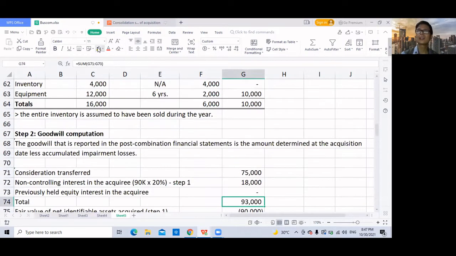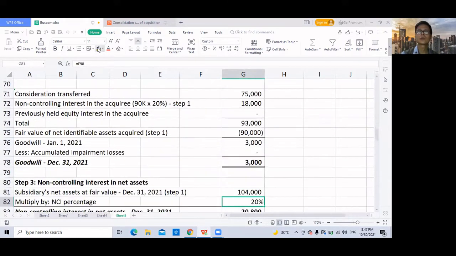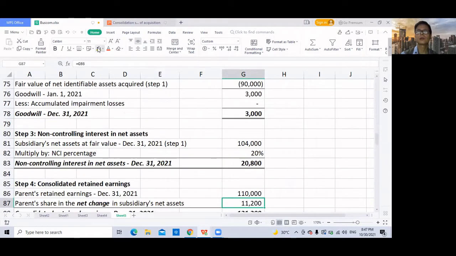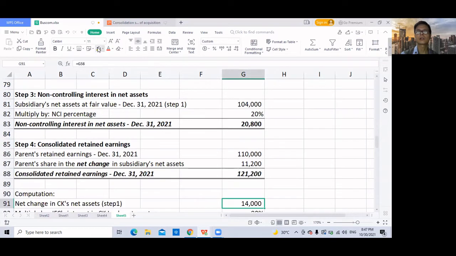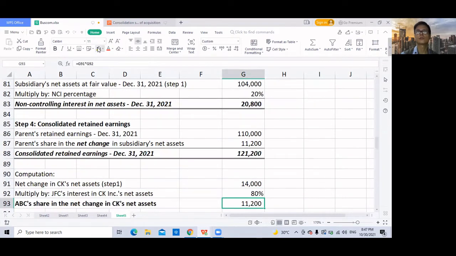So kukunin lang natin yung 80% niyan. So 14,000 times 80% will get you 11,200. That's why we get 11,200. So this is the consolidated retained earnings. Kinukuha lang natin yung para doon sa parent.